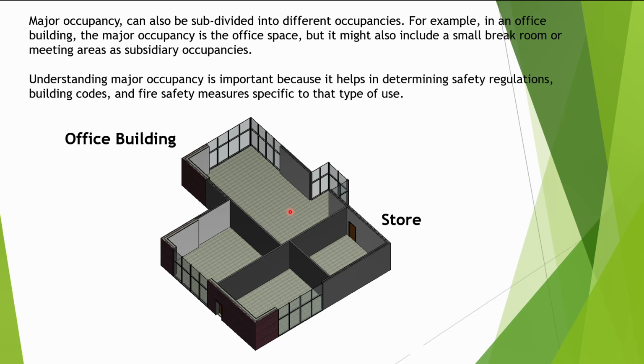Even though the building is considered a major occupancy, which is an office building, we can still have another occupancy within this building. Sometimes you might go into a mall and see that there are different sets of stores. It could be an office in a mall, or it could be a restaurant in a mall. And the list goes on.